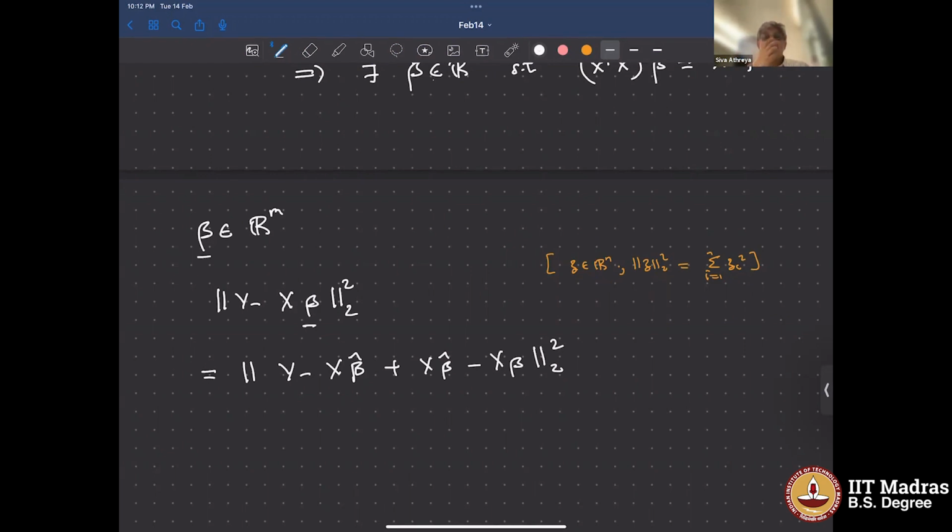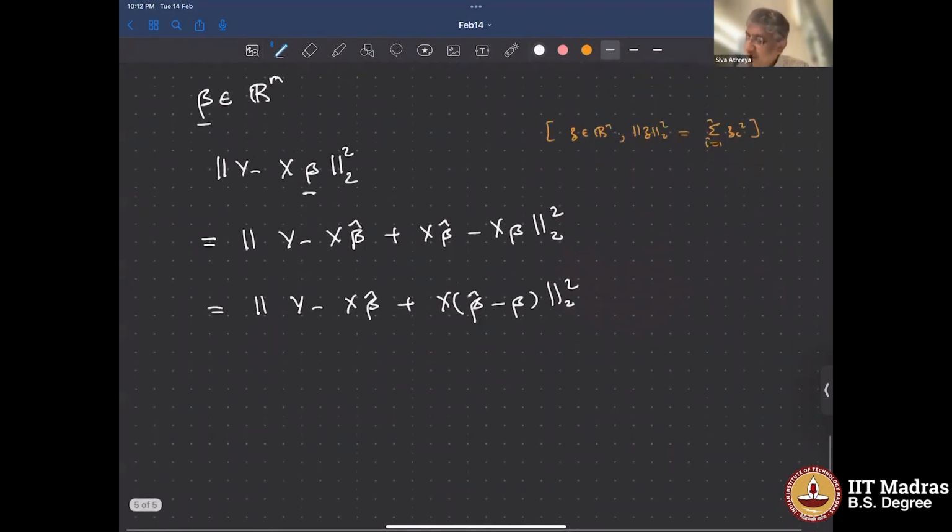I've done nothing, I've just added and subtracted a term. So a little jugglery: I'll write this as the norm of Y minus X beta hat, plus X times beta hat minus beta, L2 norm squared.